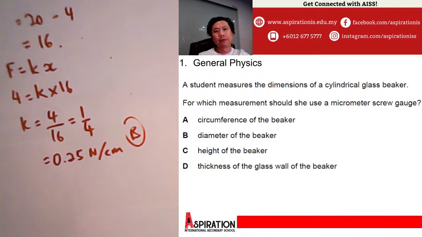You all are absolutely right. So the micrometer screw gauge is suitable to measure the thickness of the glass wall. So my next question is, what is the usual maximum length? Oh, you don't know? All right.